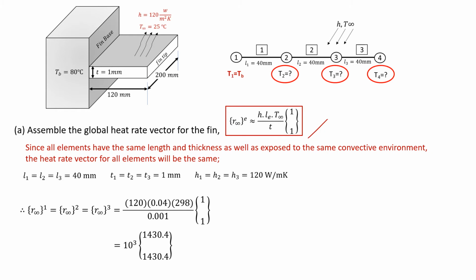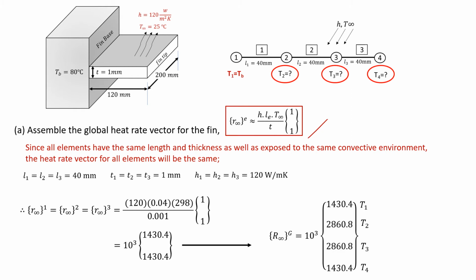Once we have determined the heat rate vector for each element, then only we can assemble it to obtain the global heat rate vector as shown in this slide, where these terms are taken from the first element as it corresponds to T1 and T2, and next this term are taken from the second element as it corresponds to T2 and T3, and the last one, this term are taken from the third element as it corresponds to T3 and T4.